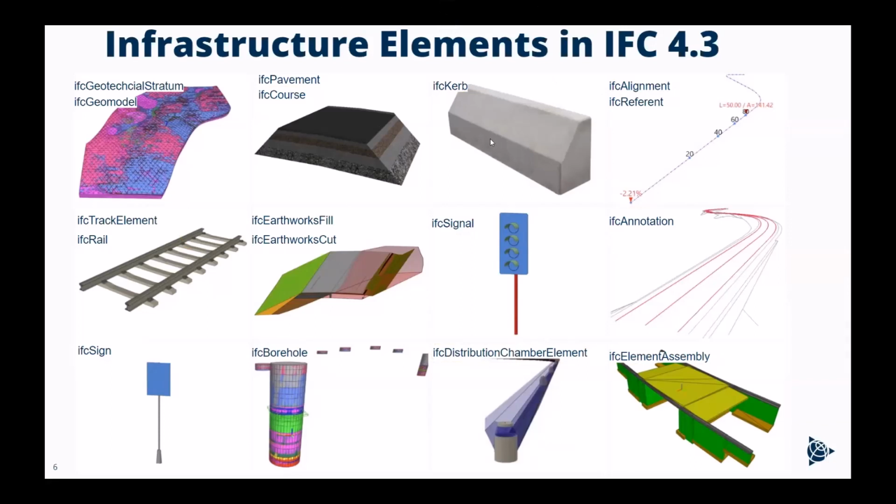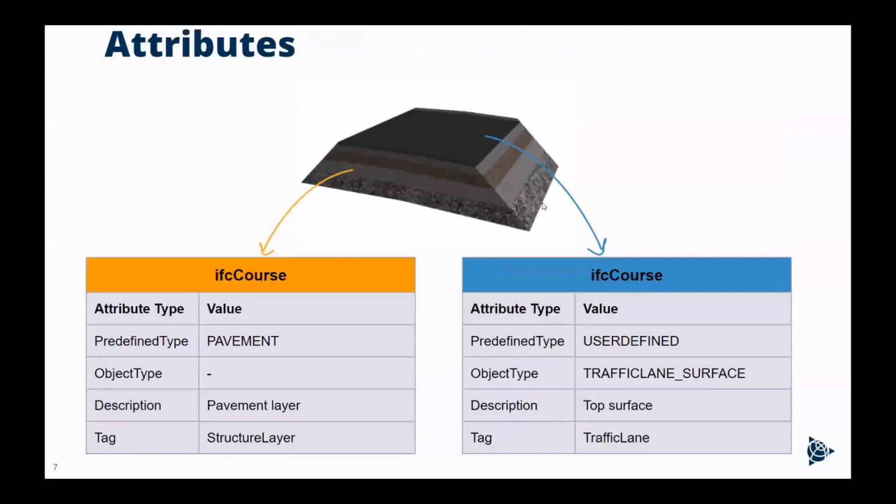But the IFC schema is not only this, because we can also extend entities with some attributes. If we look at the attributes, we have four main attributes in the schema for physical elements. We always have a predefined type.